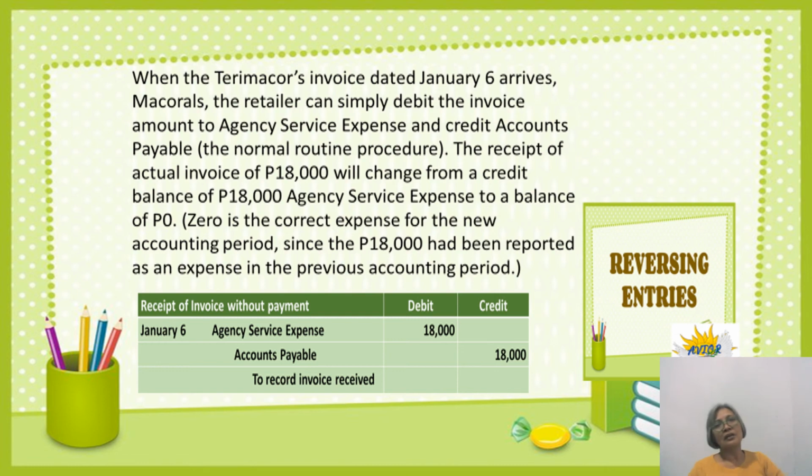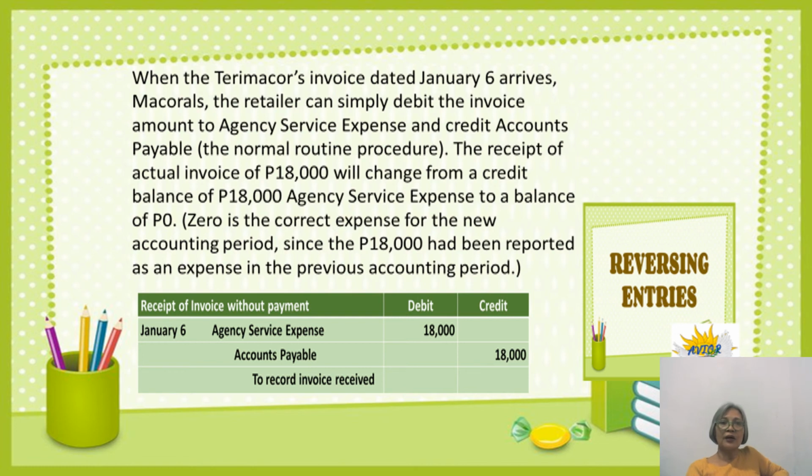When the Terimacor invoice dated January 6 arrives, Macorals, the retailer, can simply debit the invoice amount to agency service expense and credit accounts payable. Yan yung entrada to close.